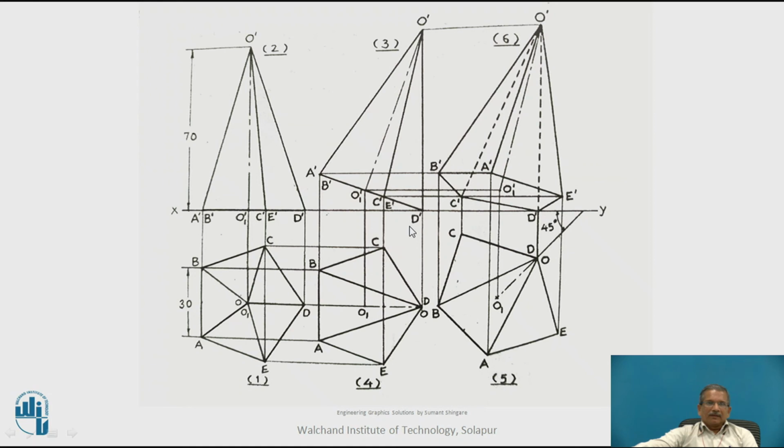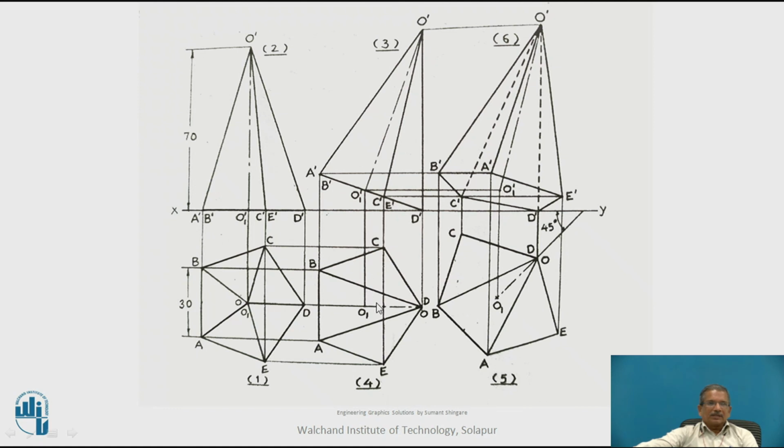First thing, the slant edge is perpendicular to HP or vertical and the axis is making 45 degree to VP. So here we have drawn axis as 45 degree and then apex is away from the observer. So apex we have made away from the observer. So in that case, all the three conditions or say four conditions because it is resting on one of its base corners. So first condition at first stage we have satisfied.